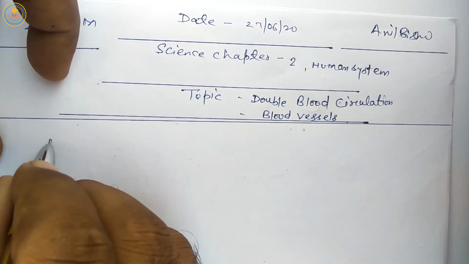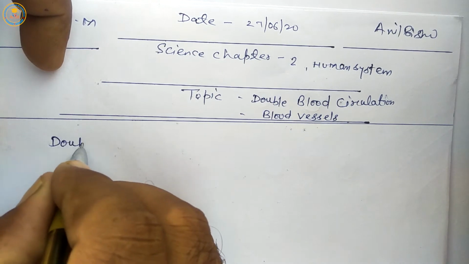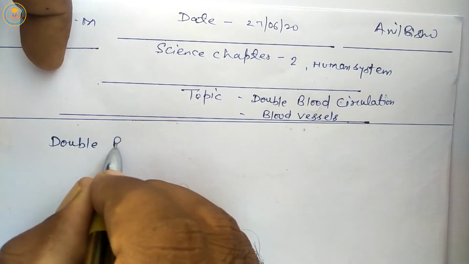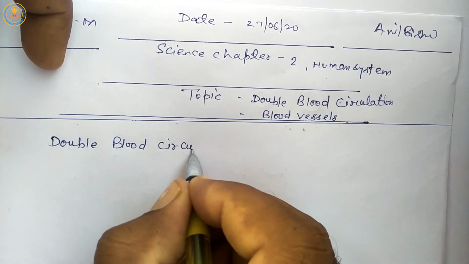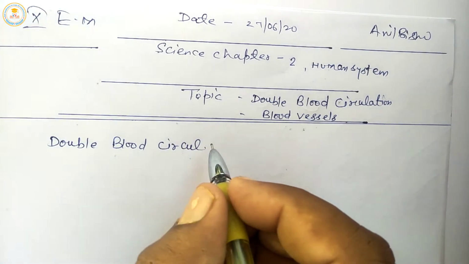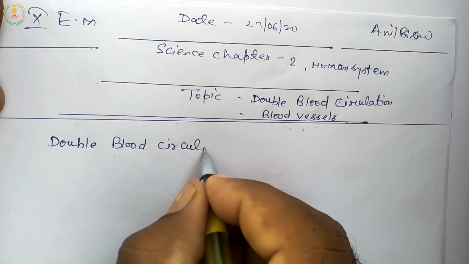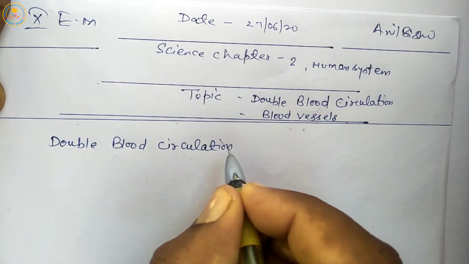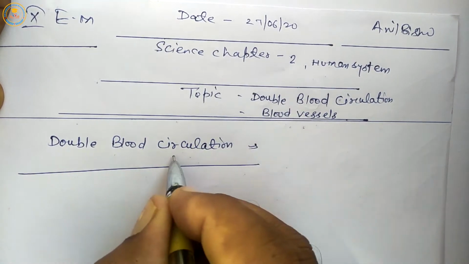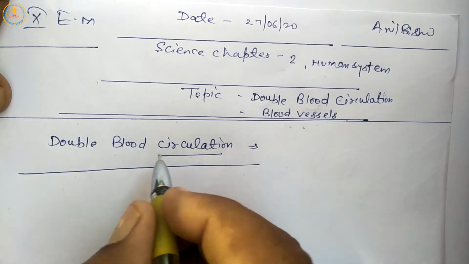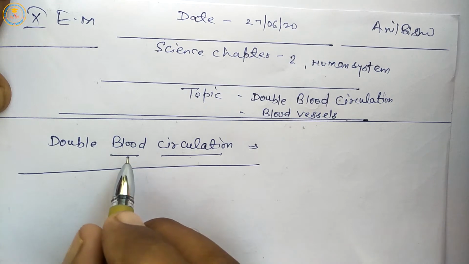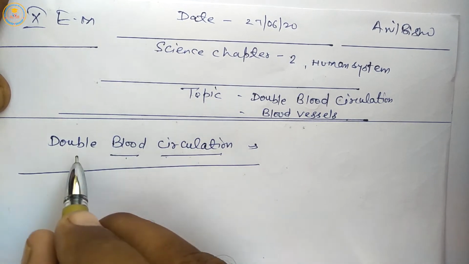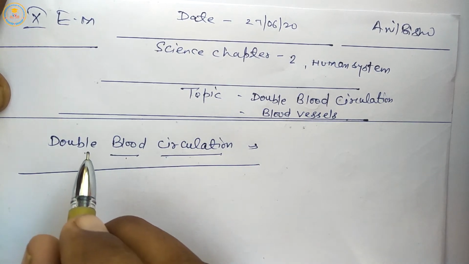So first of all, double blood circulation. It means the transport of fluid connective tissue, blood, twice.